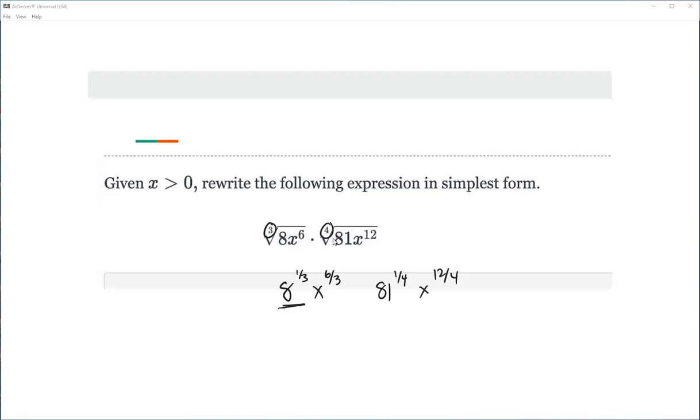This is the cube root of 8, which is 2. This is x squared. This is the 4th root of 81, which I believe is 3. And this is x to the 3rd power, because 12/4 is 3. You combine this together, that'll be 6x to the 5th power.